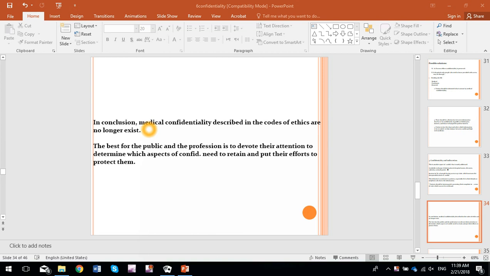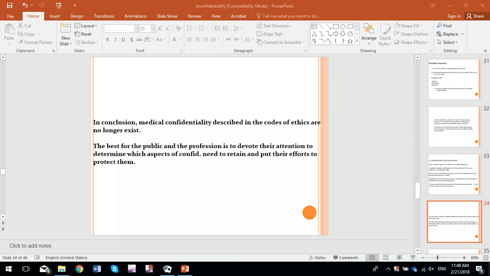In conclusion, the medical confidentiality described in the codes of ethics no longer exists. From all the discussion above, the strict confidentiality that was described by Percival is no longer there. There are parts of confidentiality still there, but other aspects are lost.